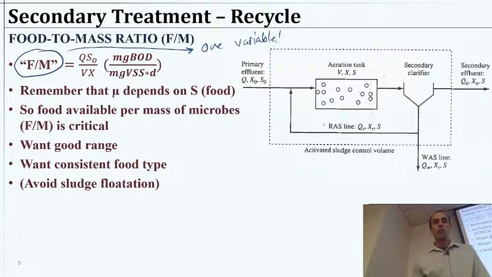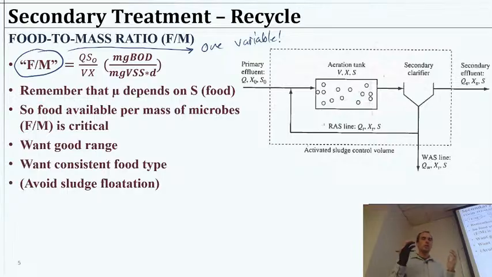This is convenient because from an operational standpoint, we can say this is the ratio of how much substrate, how much food per mass of bacteria that we have, and that ratio can tell us something about how we need to operate. So maybe we're targeting a specific F/m and operating accordingly, okay?